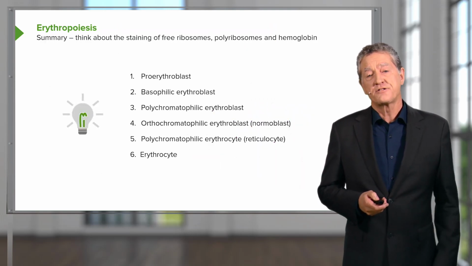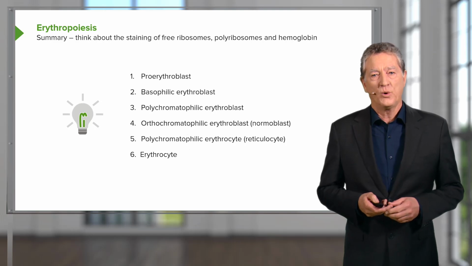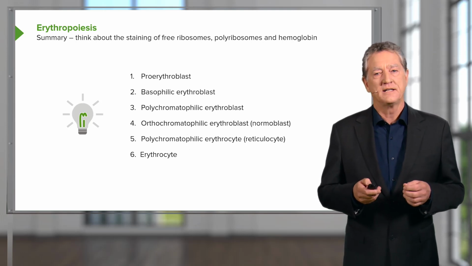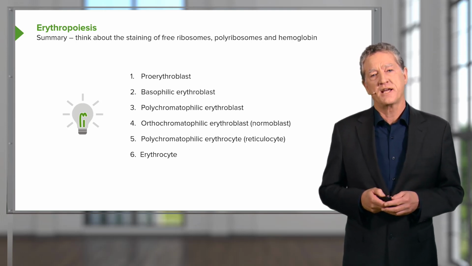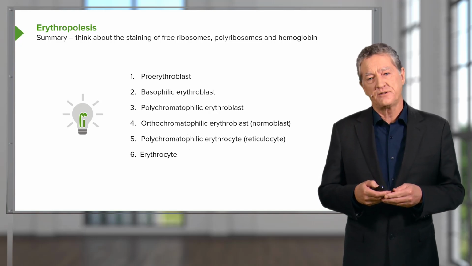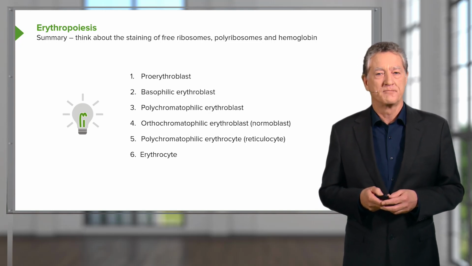So, in summary then, it's important that you appreciate the lineage that I've described, but the main real point I think to understand is that you are going to end up with a cell that is full of hemoglobin, the protein.